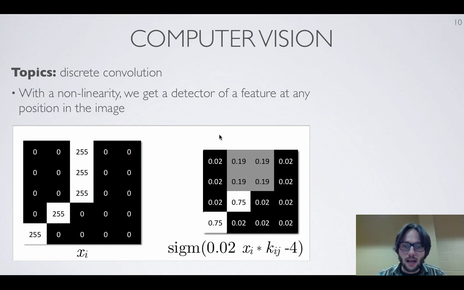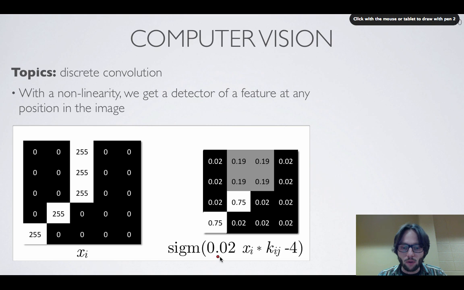And then the idea is that with a nonlinearity in a convolutional neural network, we might be able to emphasize when the correspondence between the filter and a particular region of the image reaches a certain threshold.